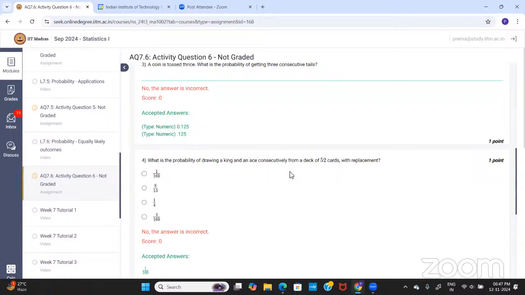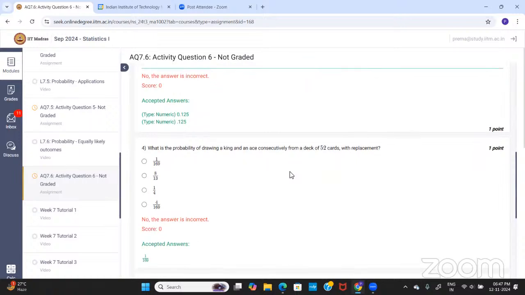So what we have to do, first we have to select a king. Kings are four, so 4 divided by 52, right?